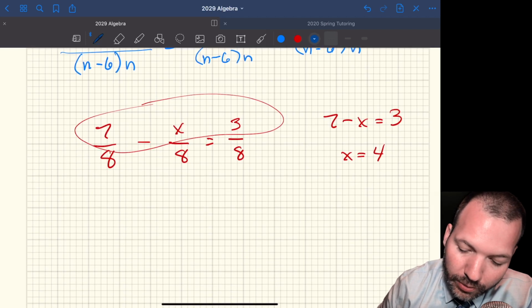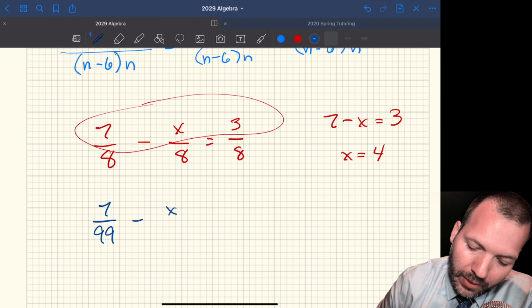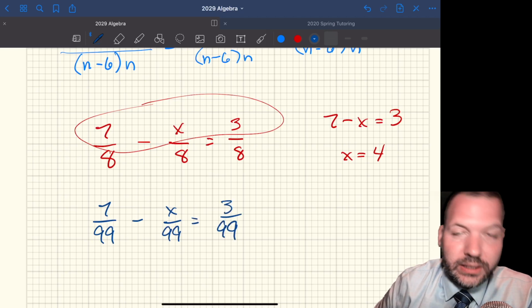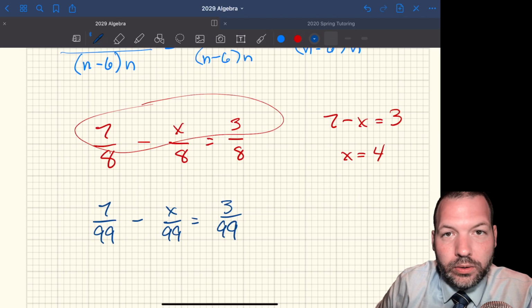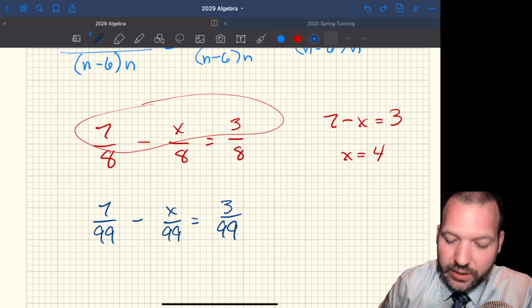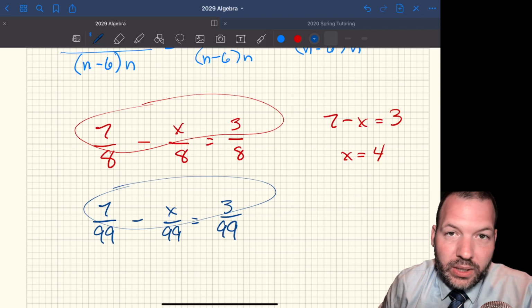Notice if the problem were completely different. Let's say it was 7 over 99 minus x over 99 equals 3 over 99. What's x now? Is it 4 over 99? No. It already has an over 99 part. The fact that all three of the fractions happen to be over 99, I mean, it makes my job easier, right?